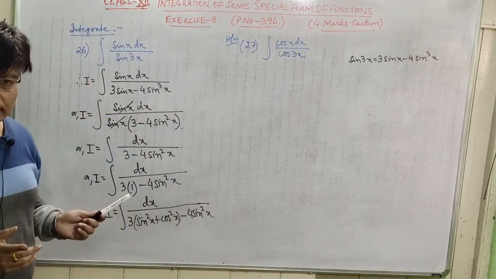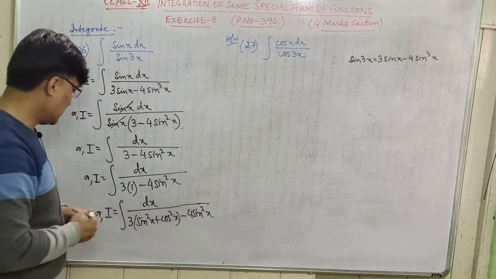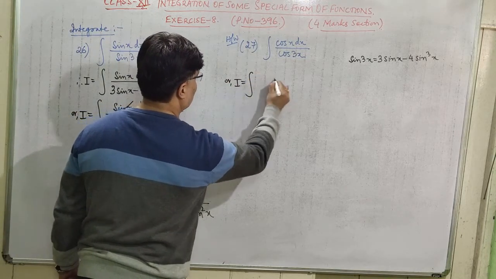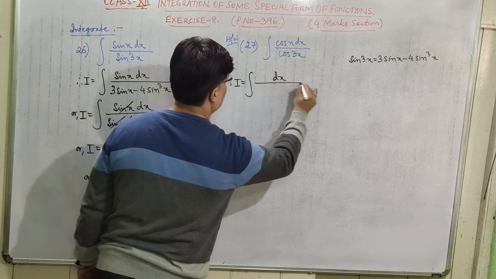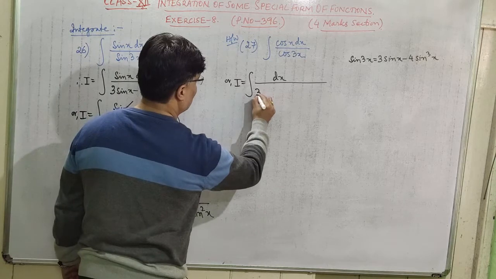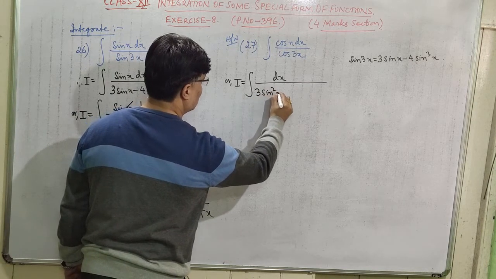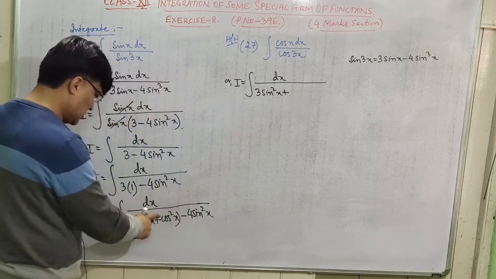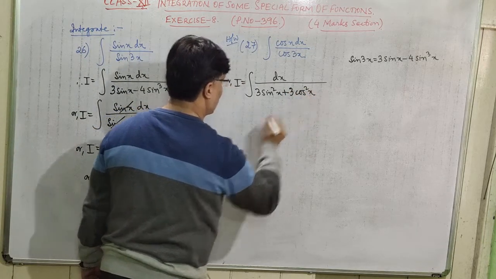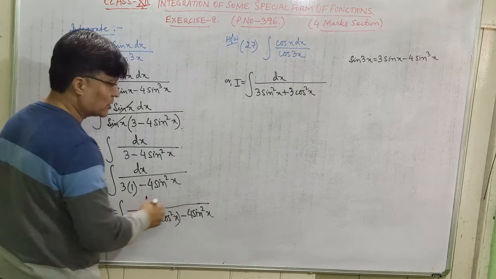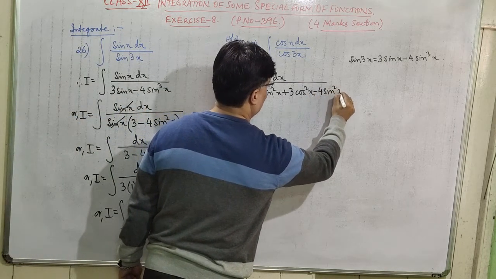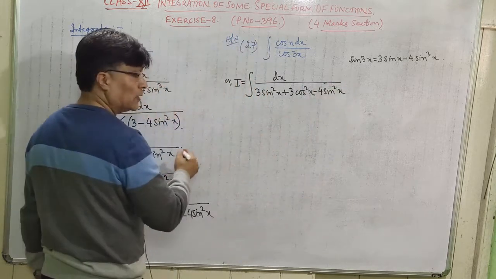So I think you have understood it. Okay. So let us simplify it. Or I is equal to integration of dx divided by, in the denominator multiply by 3 here, it is 3 sin square x plus 3 cos square x, then minus 4 sin square x, right?